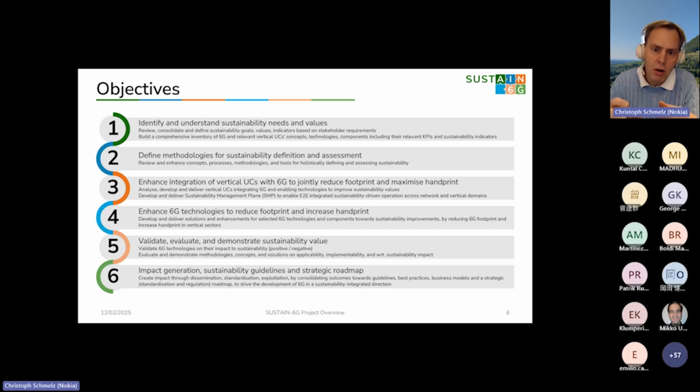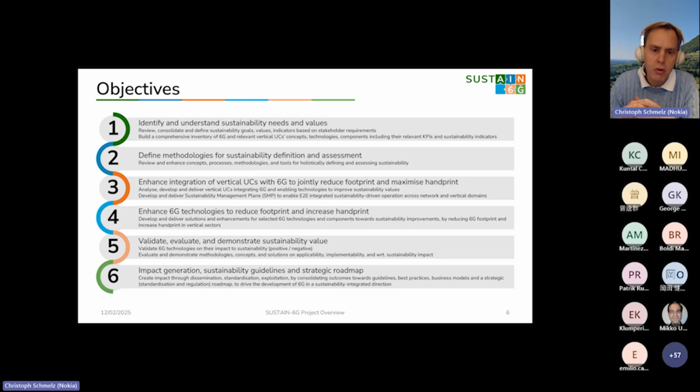We will also reach out to stakeholders which are outside the consortium. So, for example, through the advisory board, but also our good connections from the consortium members to any kind of fora and third parties to collect such requirements.